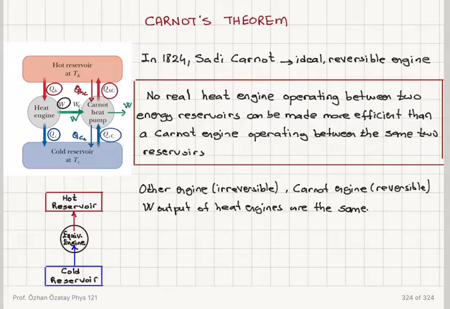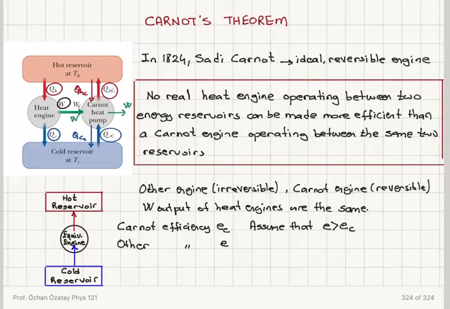I'm going to call the Carnot engine efficiency EC and the other engine efficiency E. Assume that the other engine efficiency is greater than the Carnot engine efficiency, and these are both operated as heat engines.